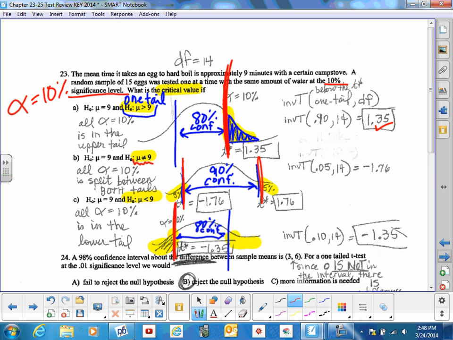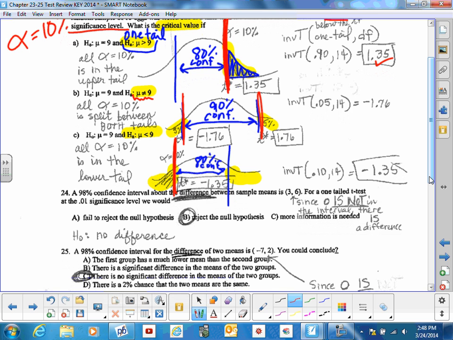C is almost identical, it's just this lower tail. So since the entire 10% is in the lower tail, it's the same symmetrical critical value, but negative 1.35, because it's inverse t of that lower 10%. Okay.